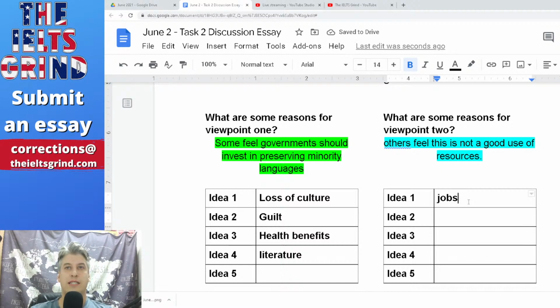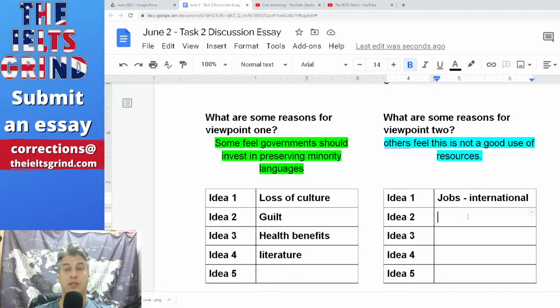The idea is, if you've only got a little bit of money to spend, would you spend it on teaching someone a language that is dying, or would you teach them perhaps a global language, an international language like English, for example? Maybe that would be more useful for a person to get a job. That could be an argument for that.